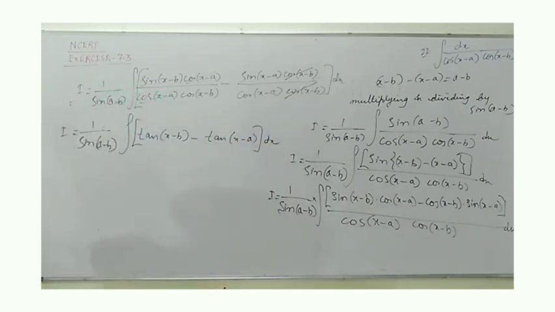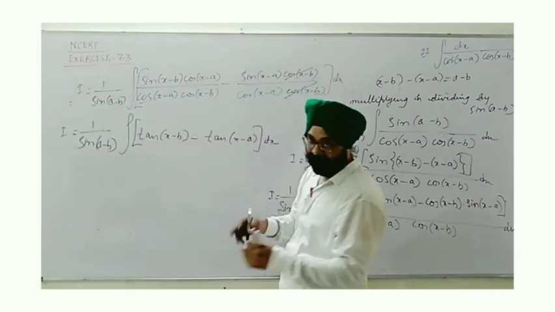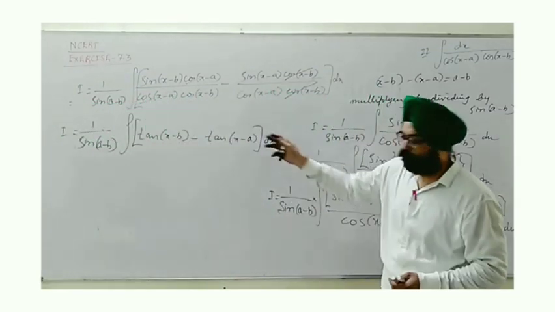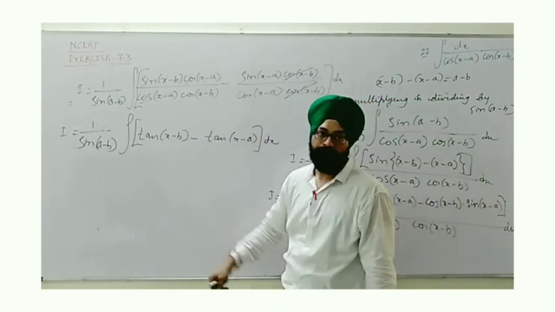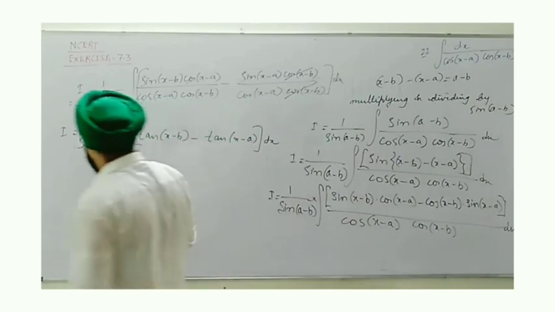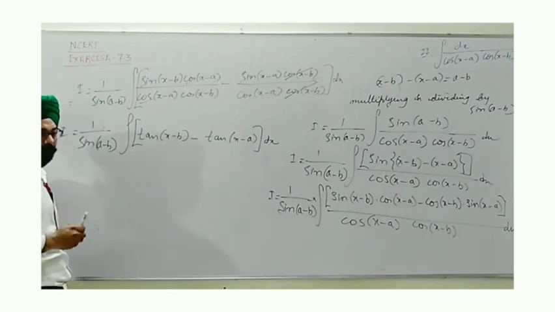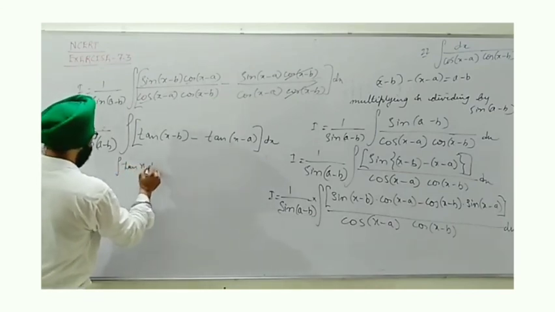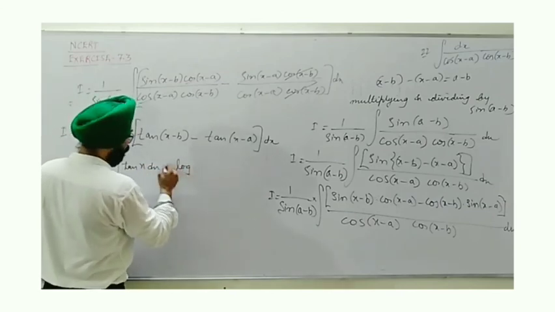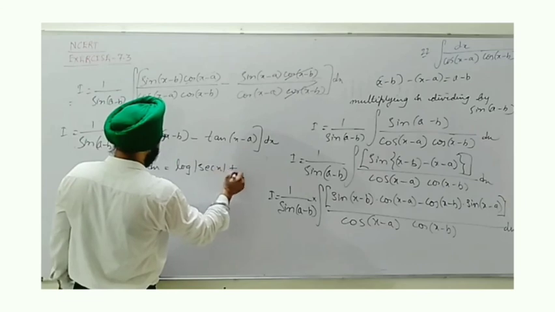Now at this stage, whether you substitute x minus B and x minus A by u or t, or do it directly, doesn't matter. Why? Because this is a linear polynomial where the coefficient is 1, so it will come as it is. What I mean to say is, for the integration of tan, you have to see the previous modules. Integration of tan is, as I said, either minus log cos x or log sec x plus c.